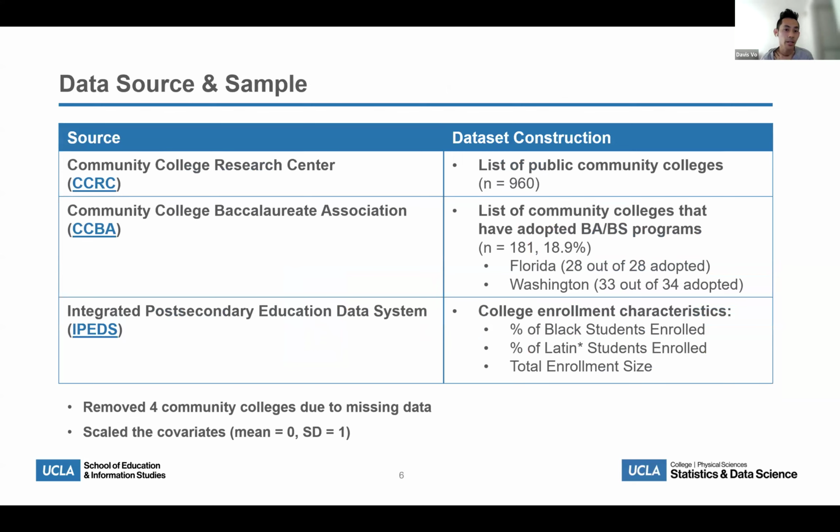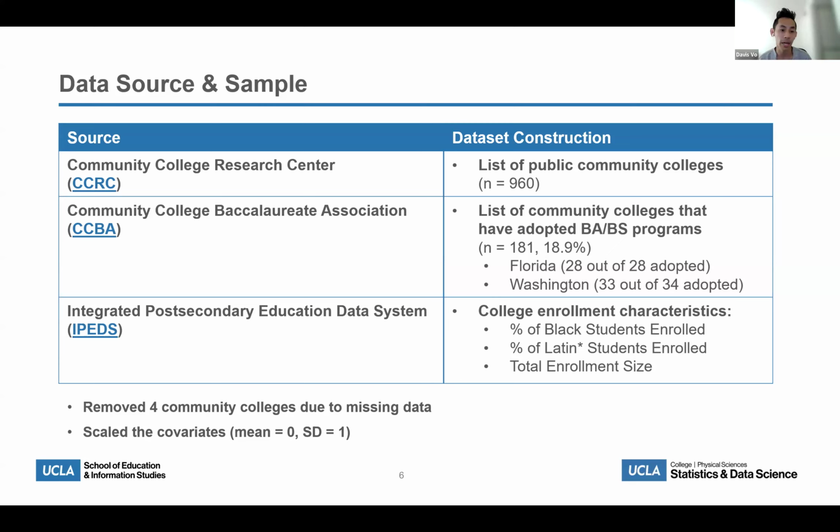And so the data set that I used was web scraped, as well as merging across different data sets from the Community College Research Center, which is to get the list of public community colleges, which is surprisingly hard to get, as well as a listing of all the community colleges nationally that have adopted this policy, which is about 19%.